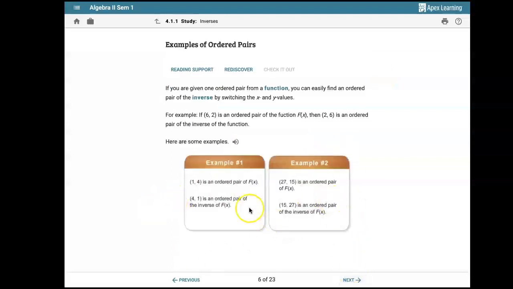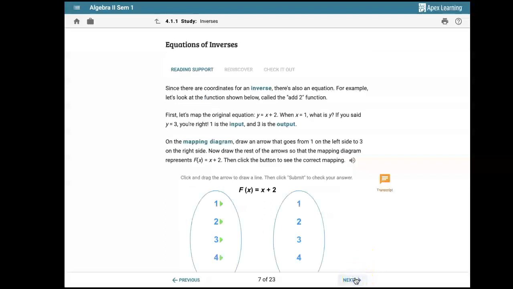Here's a couple more examples. (1, 4) is an ordered pair of a function f of x. The inverse of that is (4, 1), and that's an ordered pair for the inverse function. Same thing, (27, 15) becomes (15, 27). You change the x and y values in order to get the inverse.